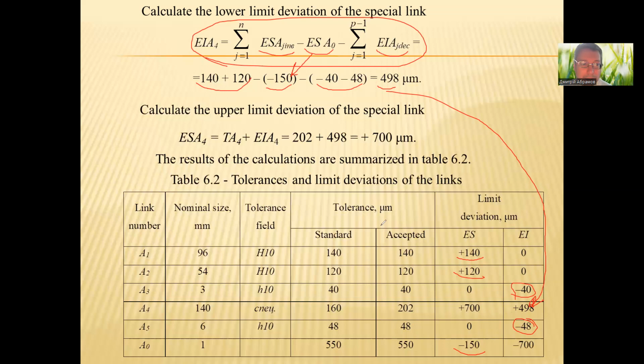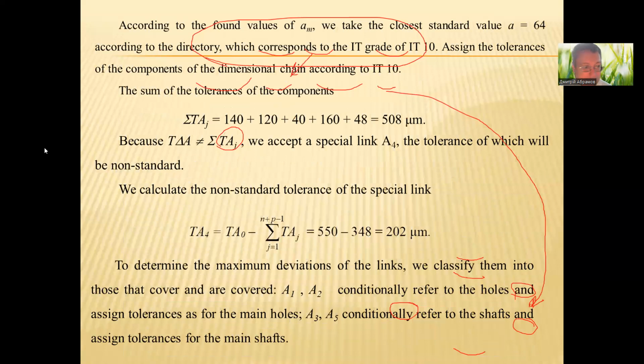Then we can calculate the upper limit deviation of the special link. Tolerance field of special link accepted 202. On the previous slide, we find this parameter, 202 micrometers. It's tolerance field of special link.